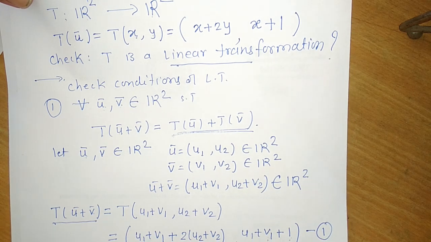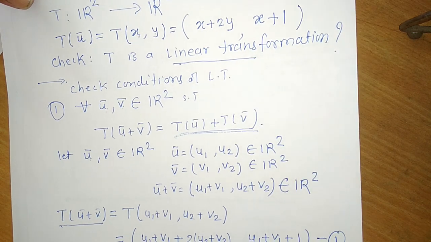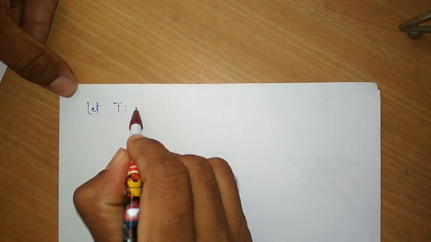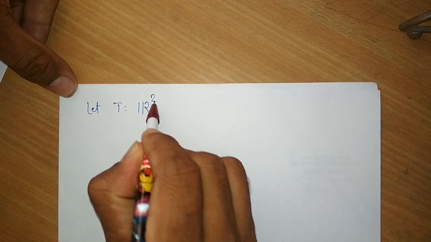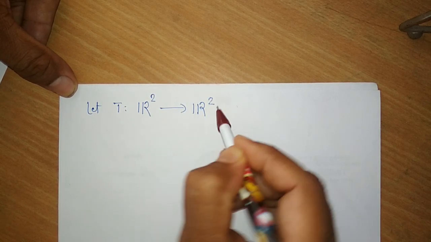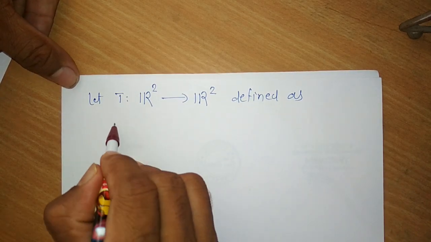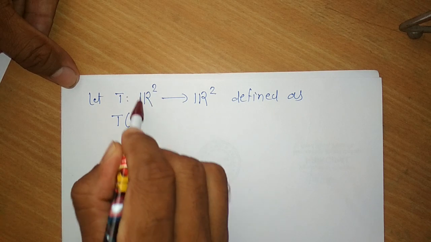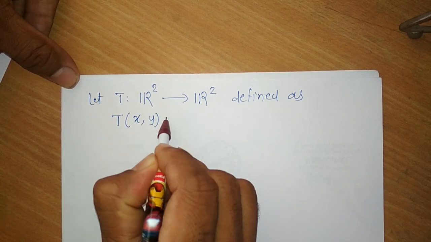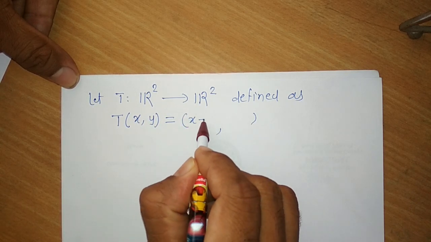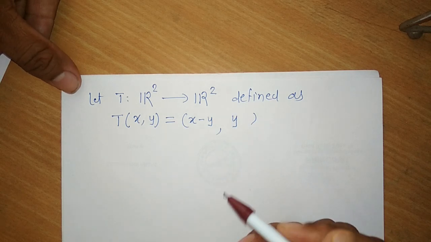Now let us consider another example. Let T be a function from the vector space R2 to the vector space R2 defined as follows: take any vector in R2 with components xy, its image is the vector with two components, x minus y and y.